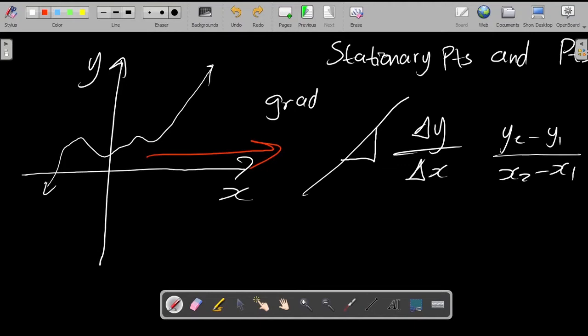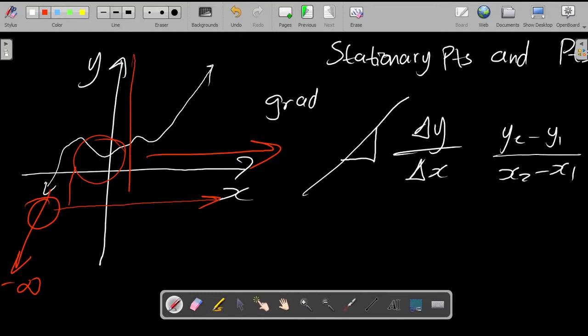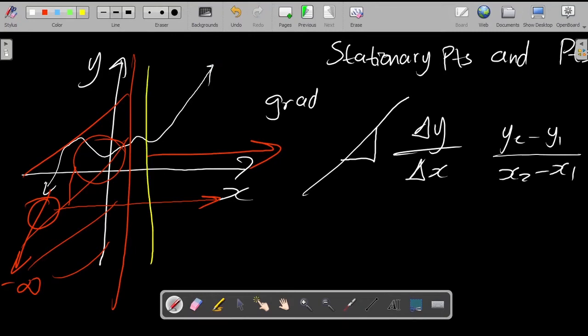You start off with a low y value, somewhere down there, and for that point it goes down. But let's exclude this part and only talk about this section. In this yellow section that I want to focus on, as we increase our x values, the y values also increase.